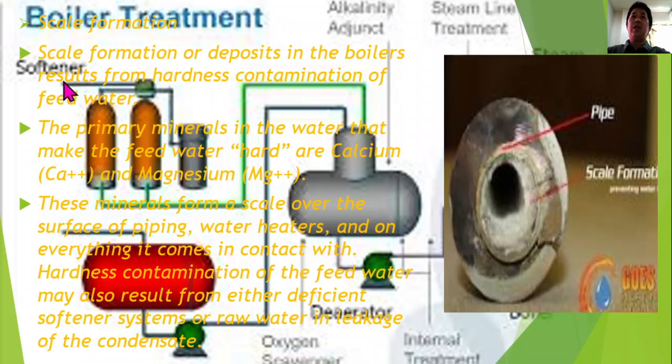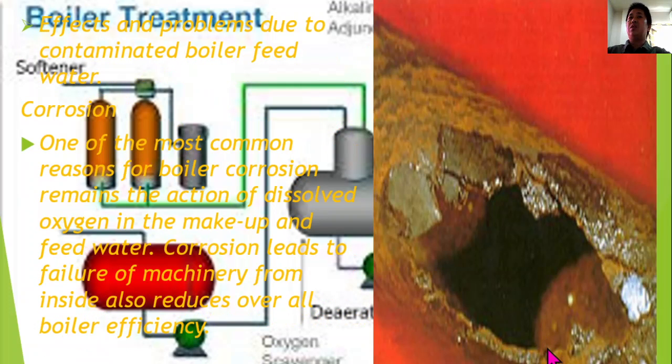By the way, lower pH is from the reading of 0 to 6. 7 to 11 is neutral, so that means it's stable, and 12 to 14 is what we call alkaline or high alkalinity.